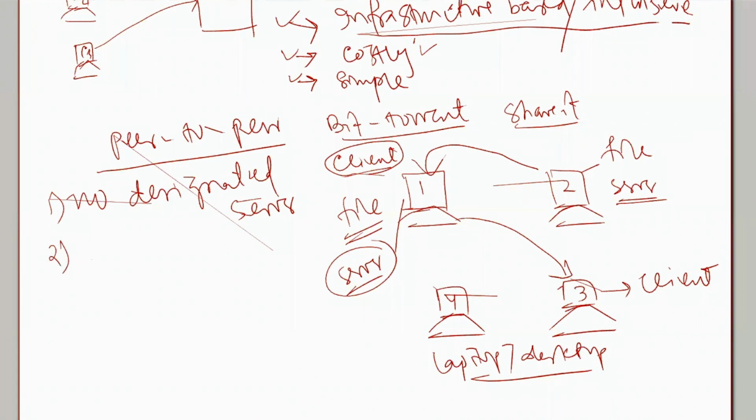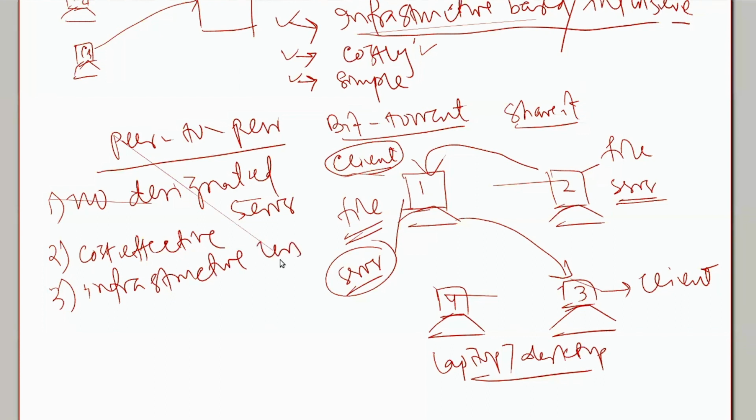So it will be cost effective, as there is no pre-designated server. We do not have to install any infrastructure beforehand. That's why this is also called infrastructure-less. No infrastructure is required beforehand to make this communication possible. So these are the advantages as far as peer-to-peer architecture is concerned.